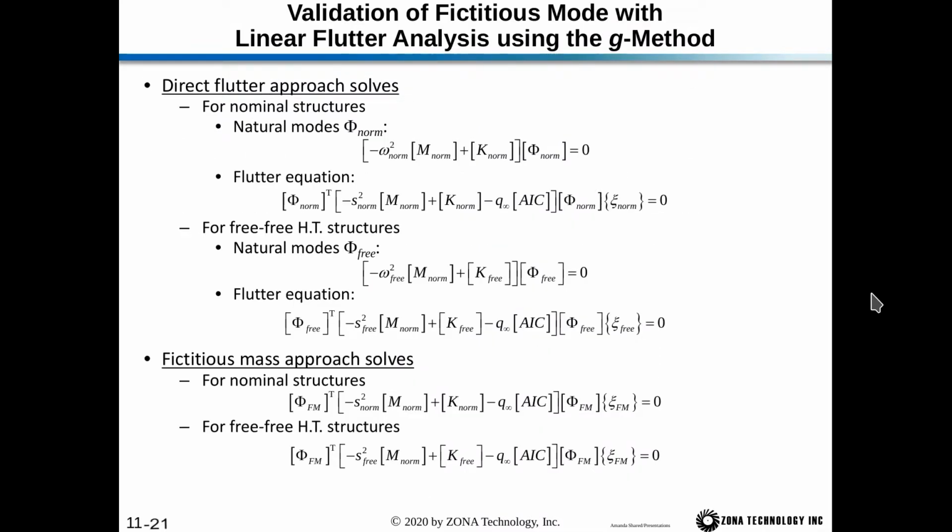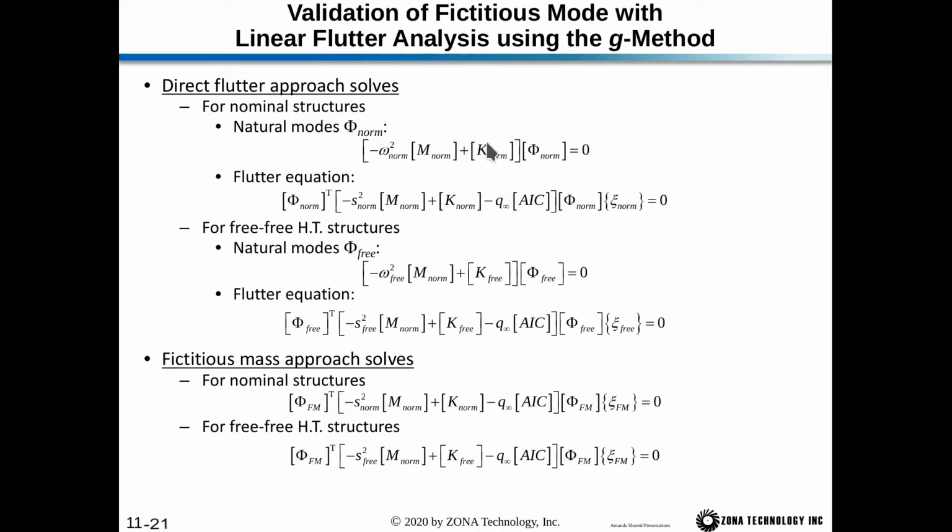Next, we're going to perform a flutter analysis to further validate the fictitious mass mode shapes. So for the nominal structure, our natural modes are given by this equation, which leads to the flutter equation shown here. And for the free structure, the natural modes are given here with this flutter equation. So for the free structure, of course, we use the free stiffness matrix.